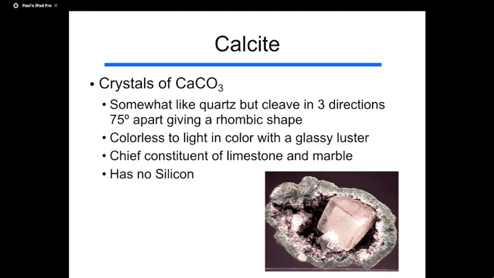Now, marble and limestone tend to be, limestone particularly, tend to be a soft mineral, and both limestone and marble tend to react with water or acids really well, and so they tend to be leached out or broken down. Now, marble is a conversion of limestone.